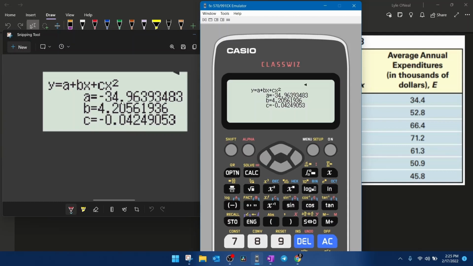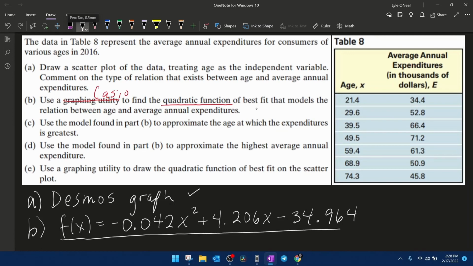So what we're going to do is input this equation into Desmos and see how well it fits the data. Here for part B, I have written the function using function notation, and that's going to take care of part C, where part C says use the model found in part B to approximate the age at which the expenditures are the greatest.